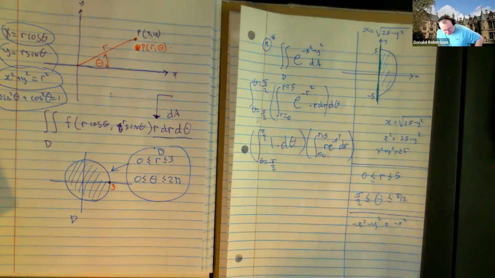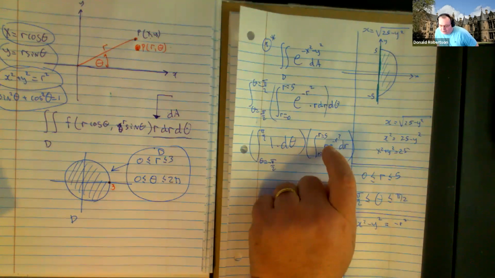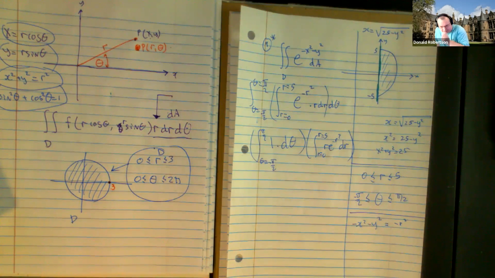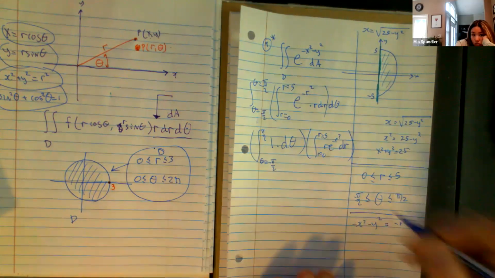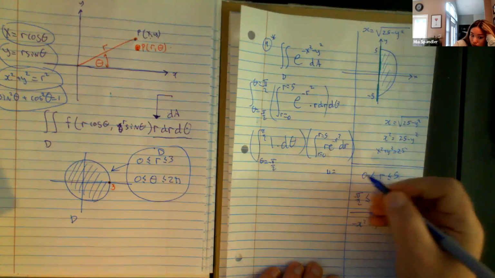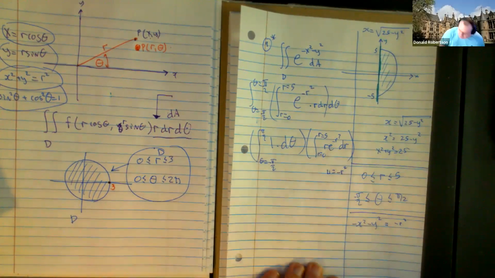I'm getting fed up asking this question, but I guess I really should, even although I know the answer and you should know it too. What method will I use to integrate this? U sub. Who's the u sub going to be? Negative r squared, or r squared if you want, doesn't matter.